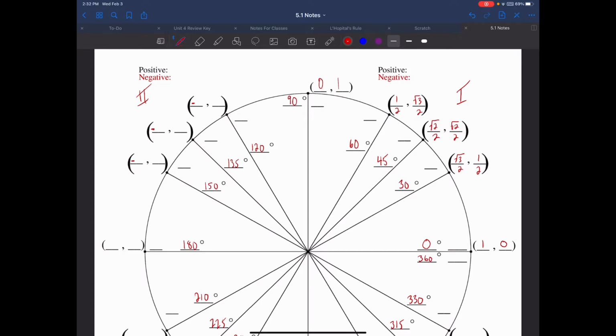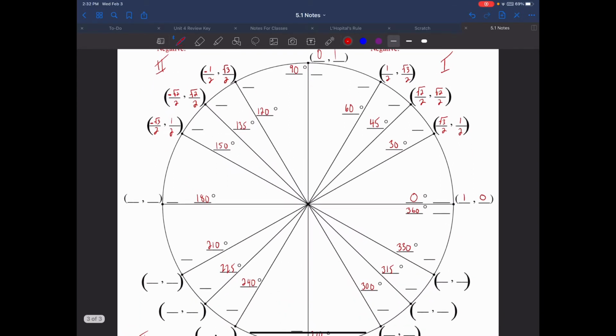In this case, you just go negative root 3 over 2 and up 1/2. At 135, we have negative root 2 over 2, root 2 over 2. At 60, we had 1/2, root 3 over 2, so we're going to have negative 1/2, root 3 over 2. It's just a difference of sign, and that's going to happen in every quadrant.